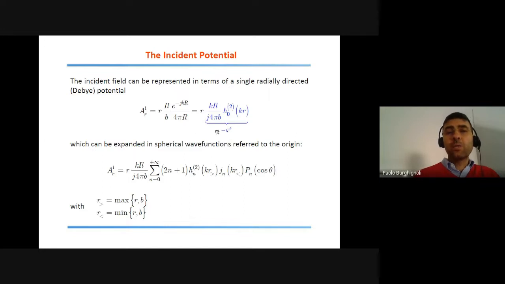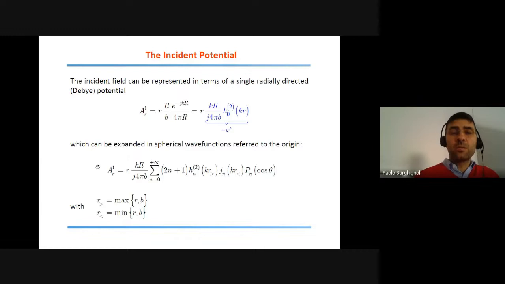And since we are working in spherical coordinates, and this is a spherical wave that is displaced from the origin, as we have seen at the end of the first part of this lesson, we can represent this spherical wave function of order 0 displaced from the origin by means of the addition theorem for spherical wave functions as an infinite summation of spherical waves centered at the origin of the reference system.